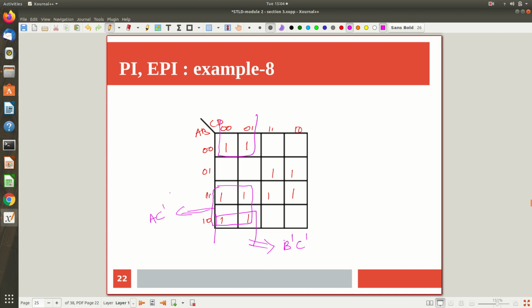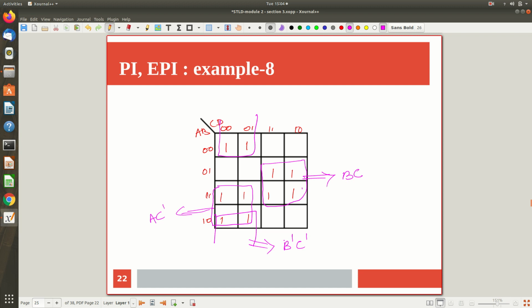Fine. Now another possibility is like, yeah, everything is very clear to you now. So this particular grouping, here you can see that A is there. So A vanishes, B is there, C is there, D also vanishes. Fine.